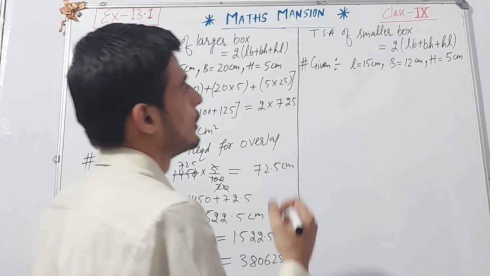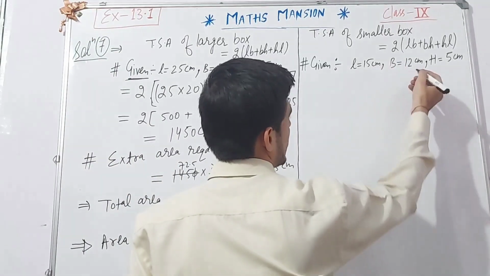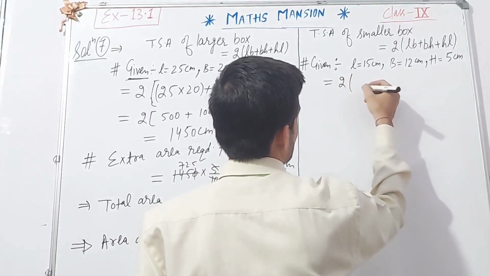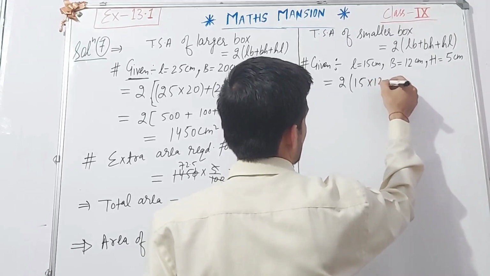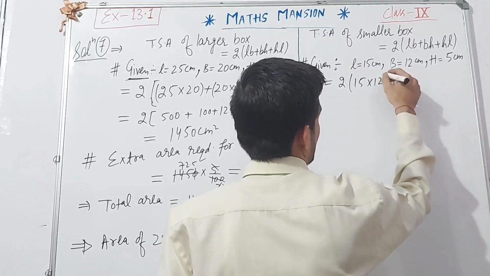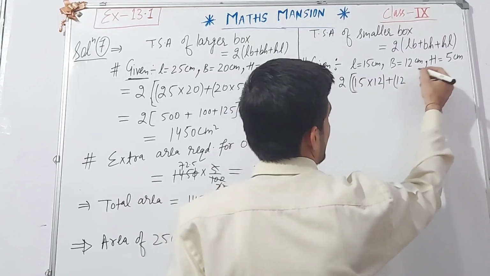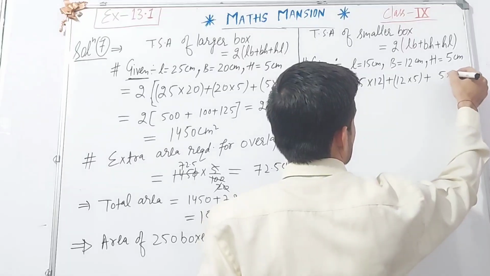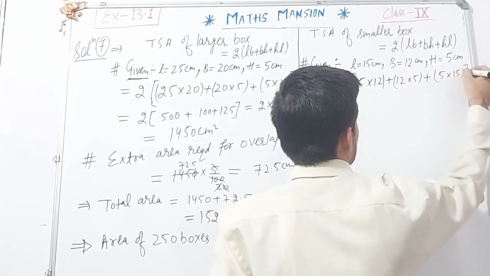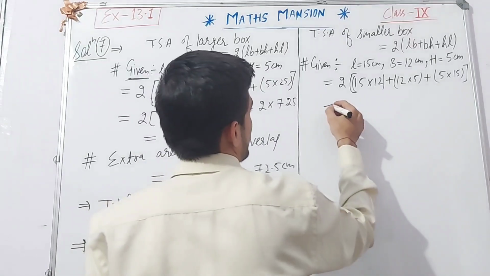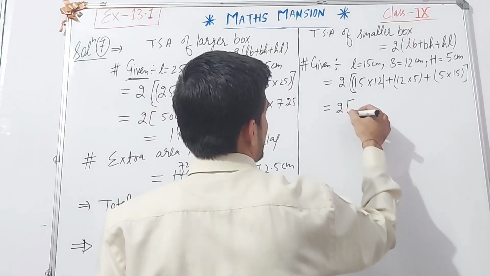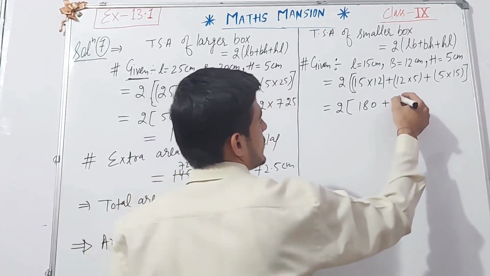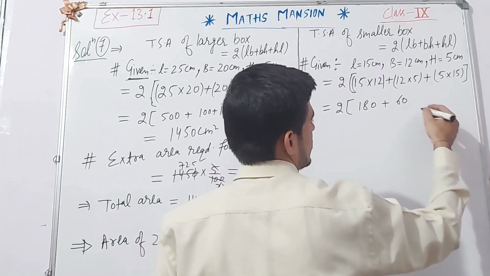Similarly, we will solve for the smaller boxes. We will put the length, breadth and height in the total surface area formula. So 2 into length 15, breadth 12, and height 5 centimeter, again height 5 centimeter, length 15. 15 multiplied by 12 we will get 180, 12 into 5 is 60, 15 fives are 75.